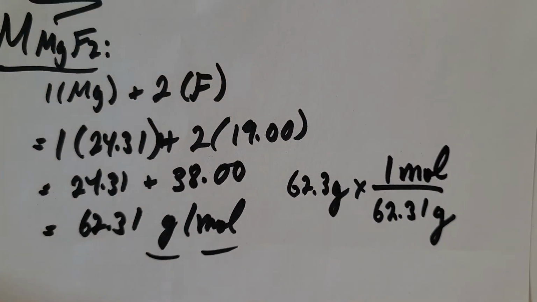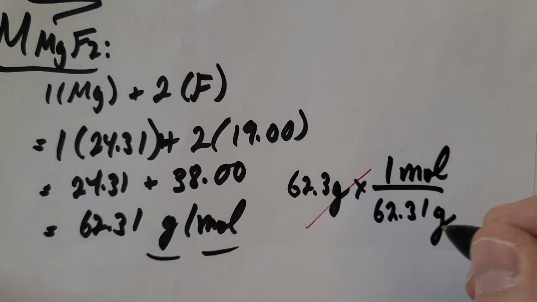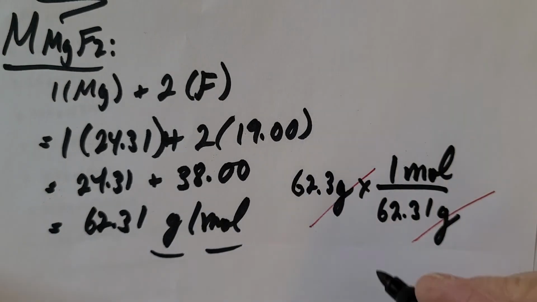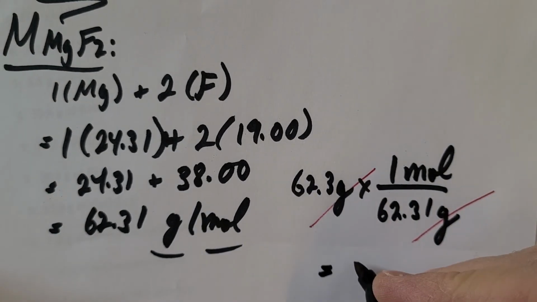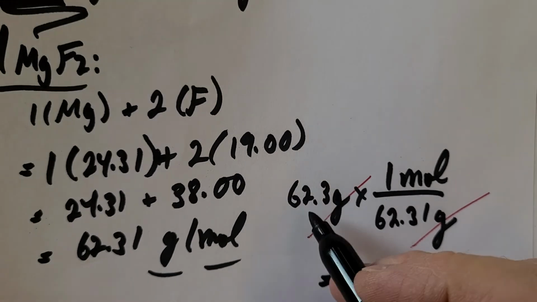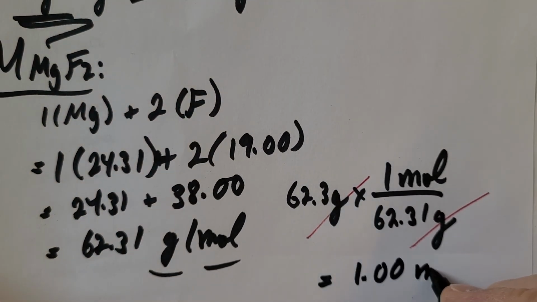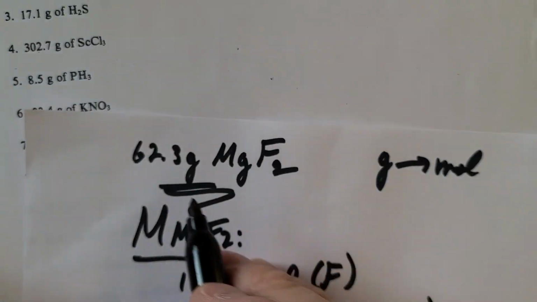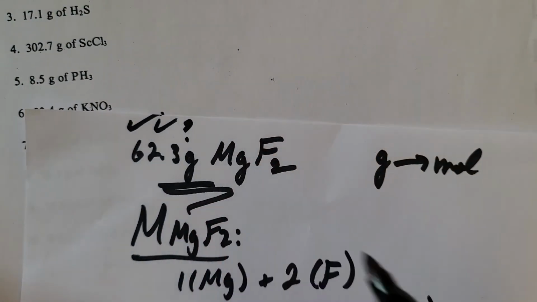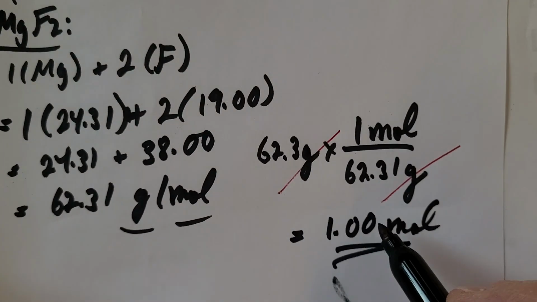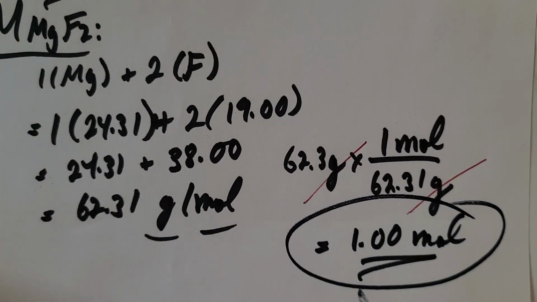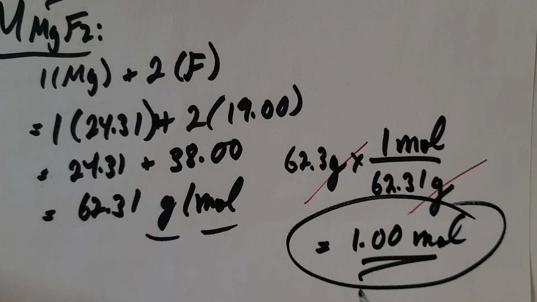And of course, if we can cancel units there, we're left with moles, and this is a funky one. We end up with 62.3 divided by 62.3, which is 1 mole, and technically 3 sig figs. So 1 mole is our answer there.